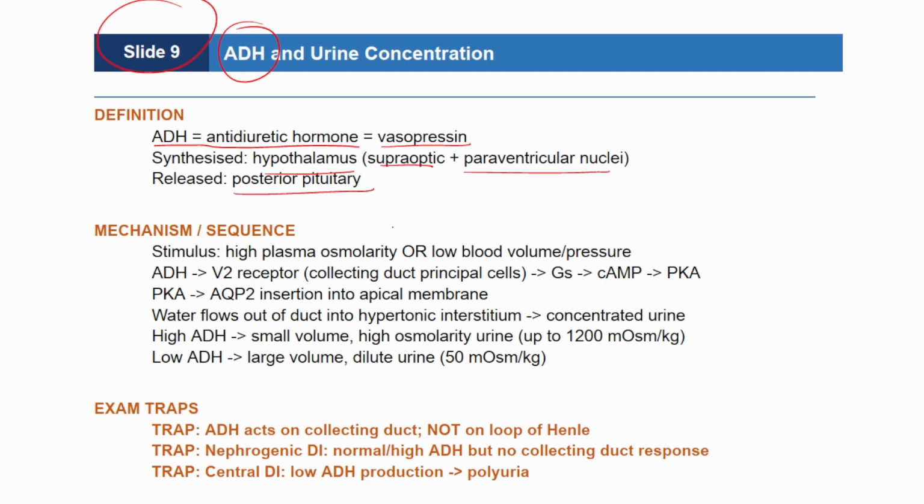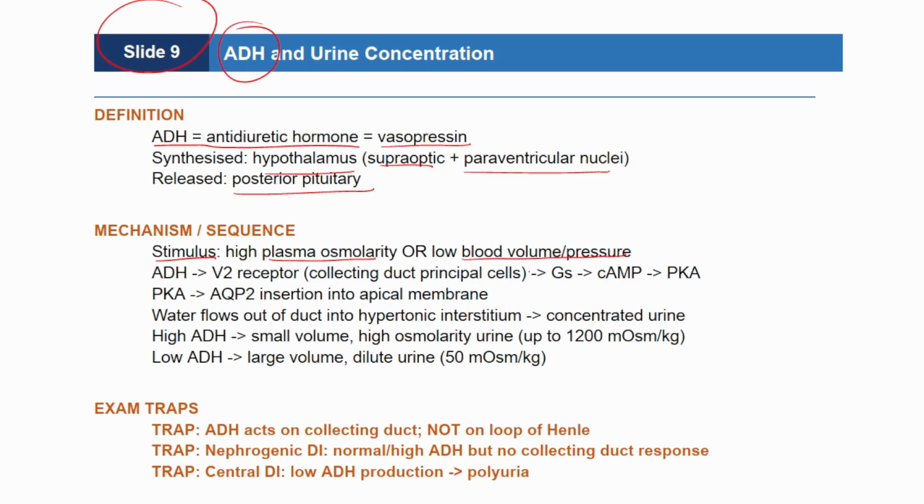To trace the cellular mechanism and sequence of action, we must look first at the physiological triggers. The primary stimulus for release is either an increase in plasma osmolarity or a critical drop in blood volume and pressure.